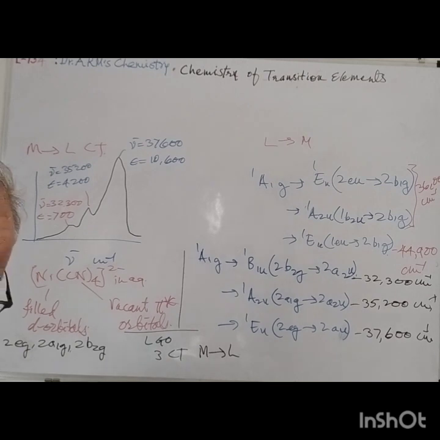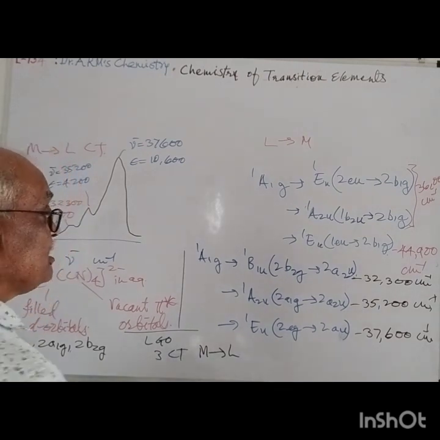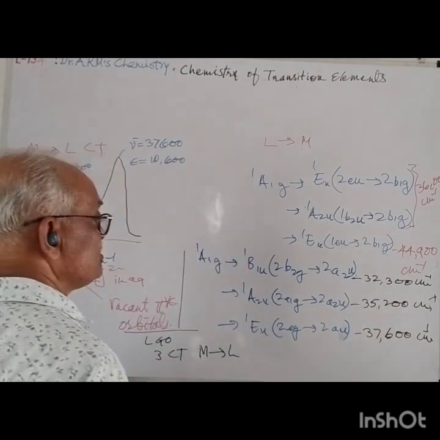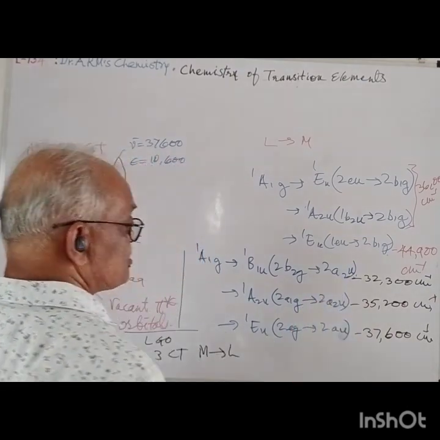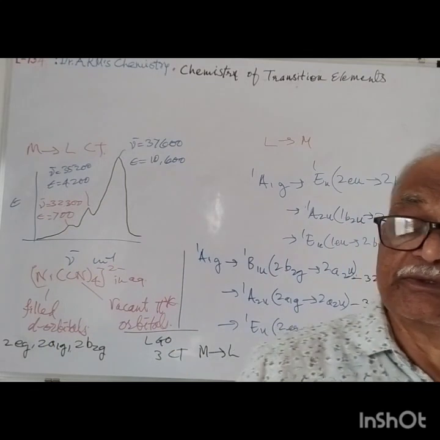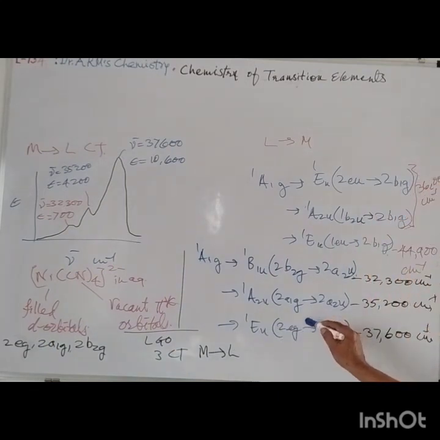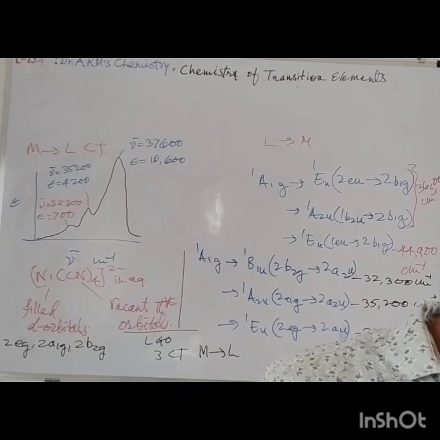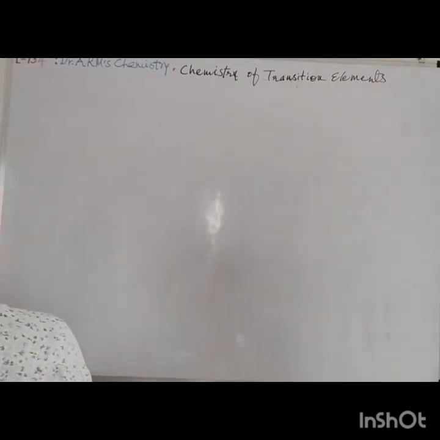Now this transition, it is low lying, so this is very weak transition, but these two transitions are strong, so they are strongly appearing or visible in the spectrum.